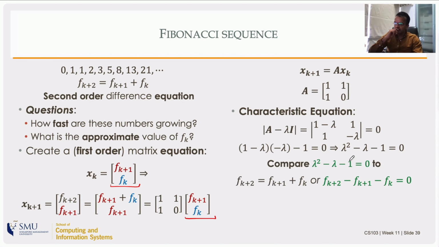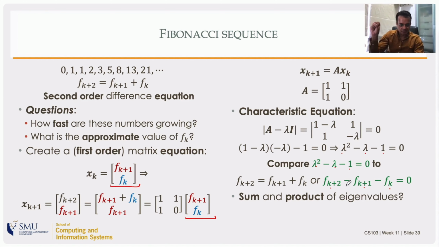But before telling you why that is the case, let's compare that equation, lambda squared, lambda and 1, with the minus signs, to our second order equation, and take everything to one side. So f sub k plus 2 minus f sub k plus 1 minus f sub k. So k plus 2 is second order, k plus 1 is first order, k is the 0th order, with the right signs and right coefficients. So the characteristic equation actually captures the essence of the Fibonacci sequence.